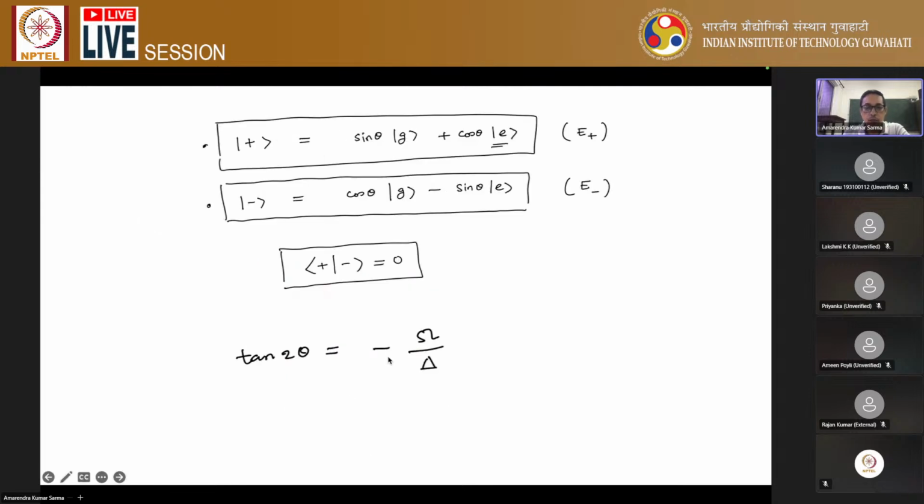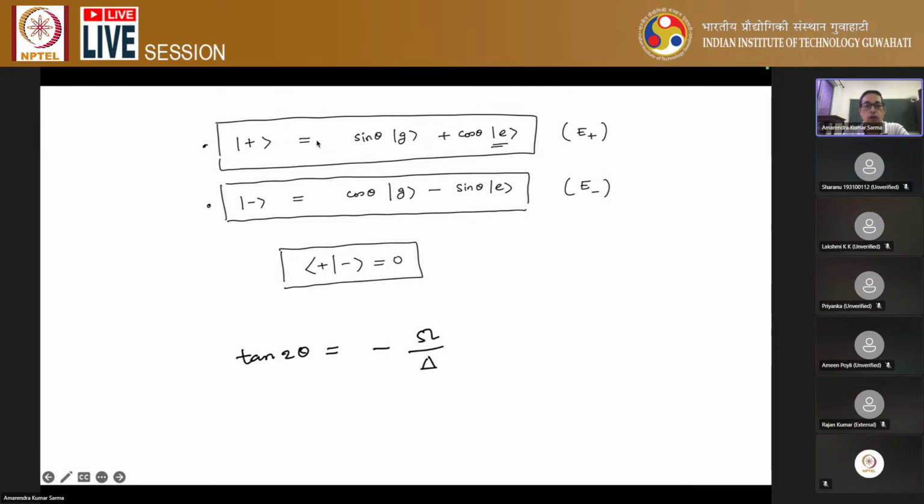So next we discussed the dressed state. Why it is called dressed state: basically, as if the atom is getting dressed by the incident laser radiation, and then this |g> and |e>, which were generally the eigenstates of an isolated atom, are no longer eigenstates of the system, but the eigenstates are now becoming |ψ+> and |ψ−>.